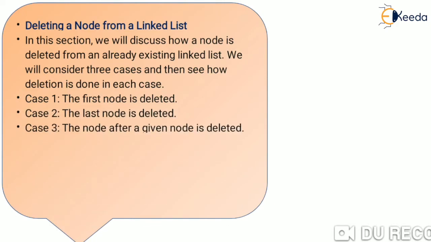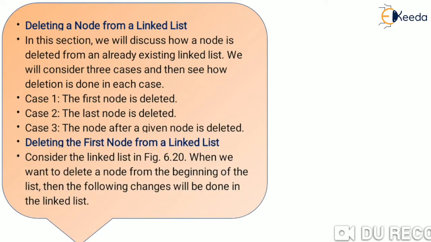What is case 1? The first node is deleted. Case 2 is the last node is deleted. And case 3 is the node after a given node is deleted. Remember that while writing the algorithm, first we check for the underflow condition.